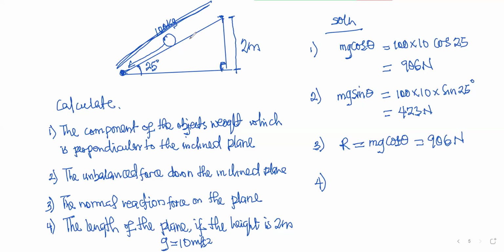Once you have the angle of inclination and the height of the plane, you can use sine 25 degrees equal to the opposite, which is 2, divided by the hypotenuse, which is the length of the plane L. L therefore is equal to 2 divided by sine of 25 degrees.